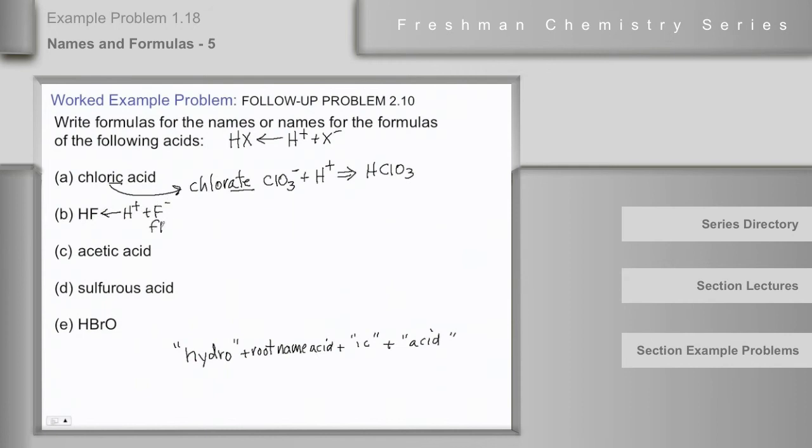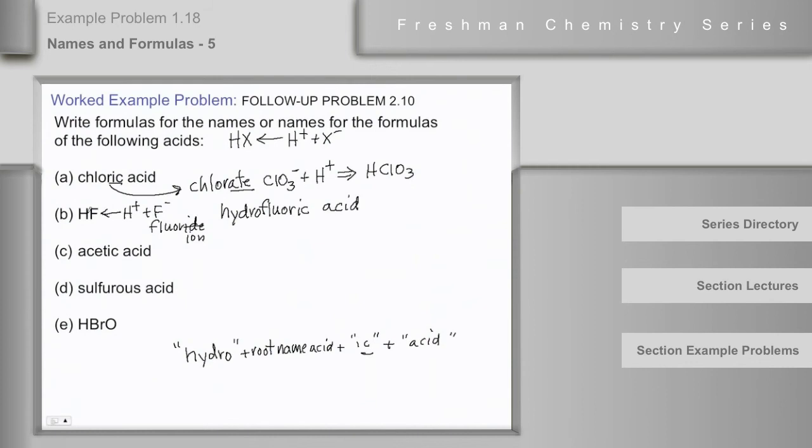And of course this is the fluoride ion. So the root of the fluoride ion is FLUOR. So the name of HF would be hydrofluoric acid. And if this were chlorine, HCl would be hydrochloric acid, if it were Br, hydrobromic acid, and so forth. So that's how we handle the name from the formula of binary acids like this.